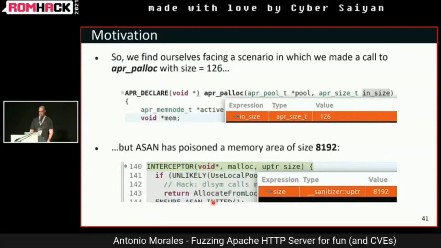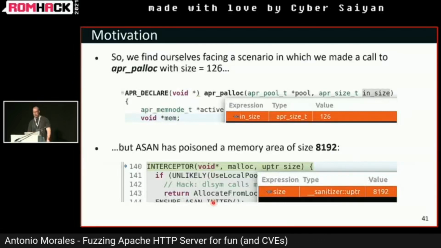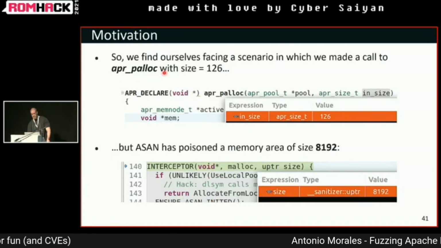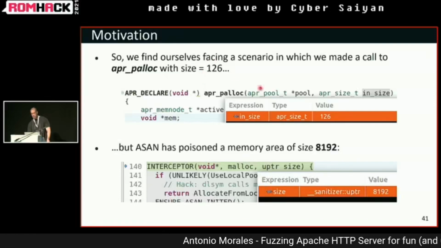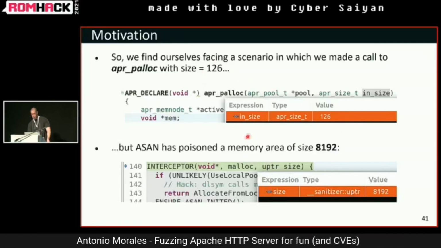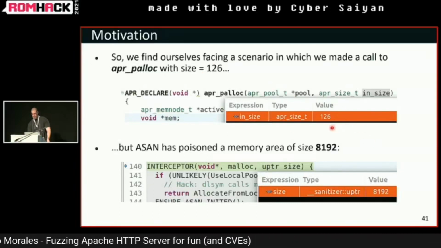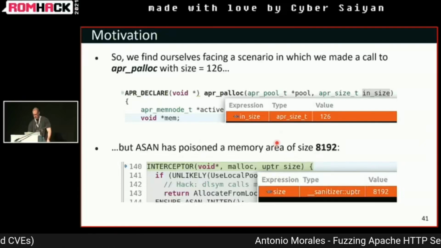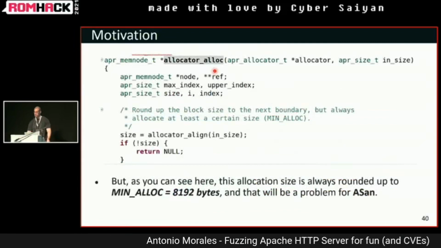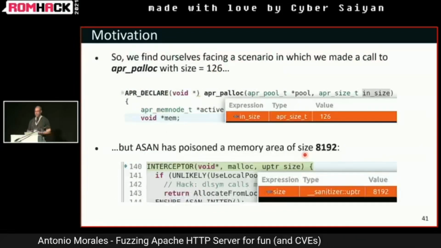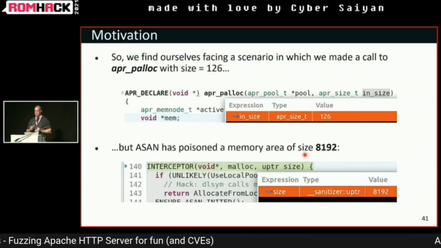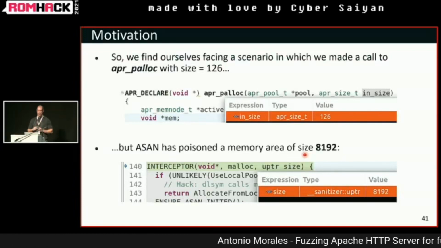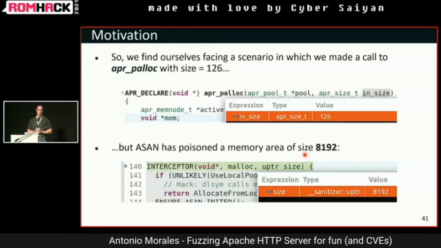So for example, I can show you a scenario where we make a call to apr_palloc with a size of 126 bytes. Here you can see the debug output in the allocator_alloc function. We have made a call to apr_palloc with a size argument of 126 bytes, but AddressSanitizer has poisoned a memory area of 8,192 bytes.